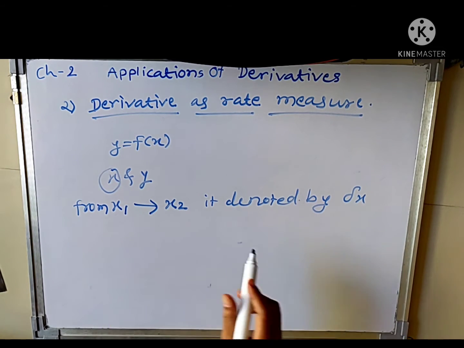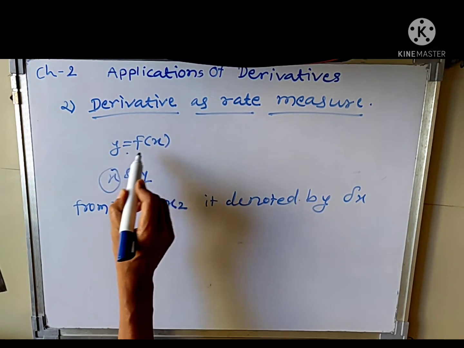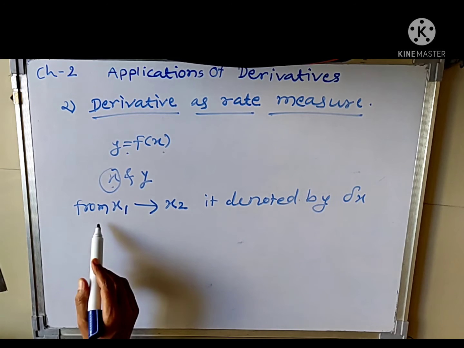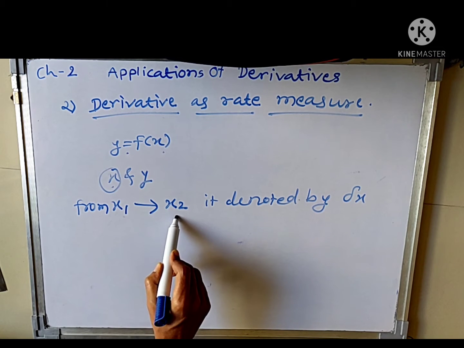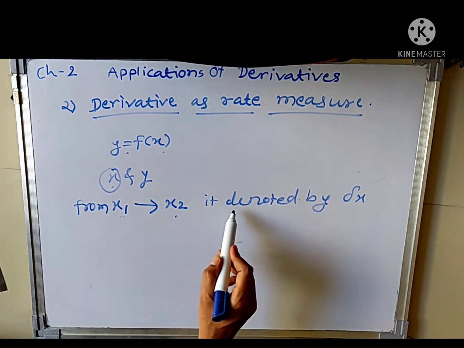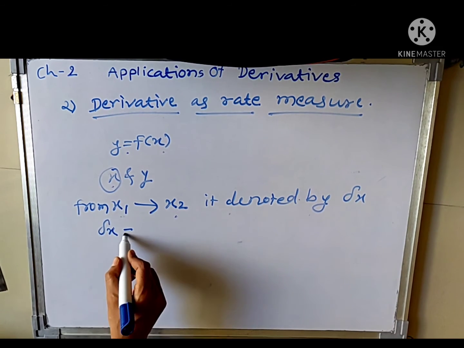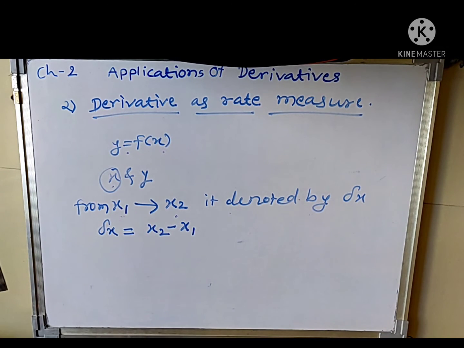That is, in the given function y is equal to f of x, x1 changes to x2, means there is a small increment. x1 changes to x2 and it is denoted by delta x, means you have to write delta x is equal to x2 minus x1.